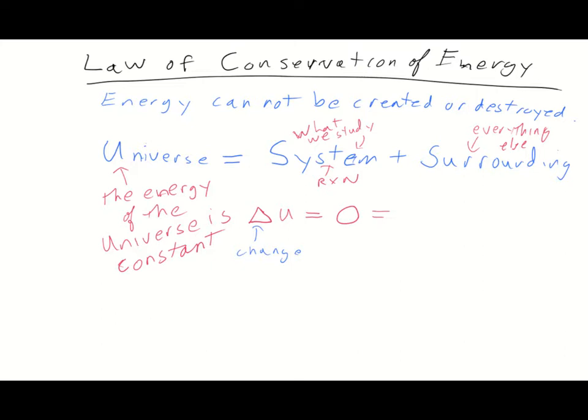That means that the change in energy of the system plus the change in energy of our surroundings also has to be zero. There's a startling implication to this that may be slowly occurring to some of you.